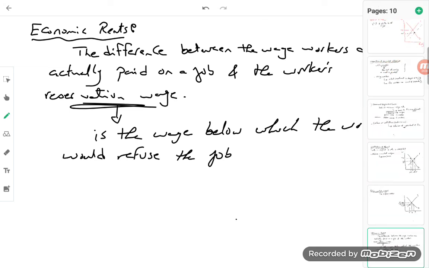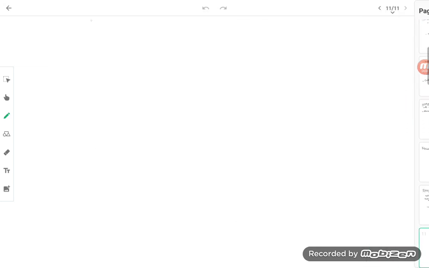Say, for example, I have a job opportunity to work an hour for $10. And I know that this is the market clearing wage. And I haven't any other job opportunities.